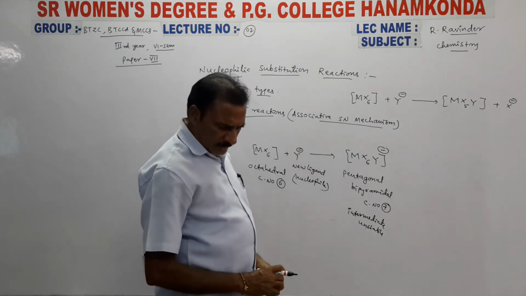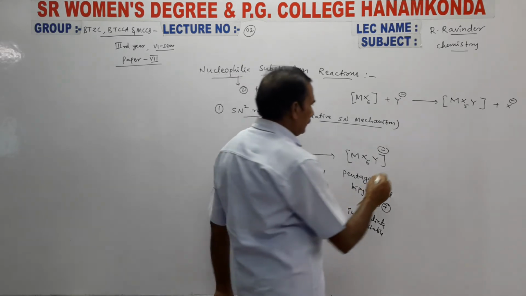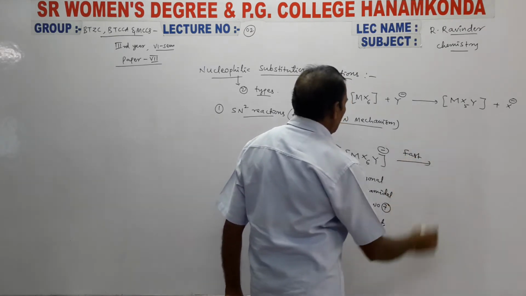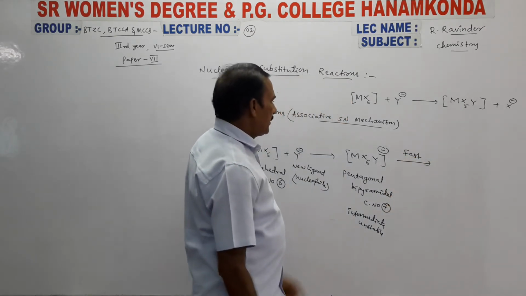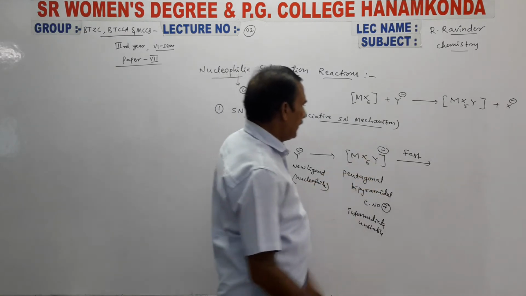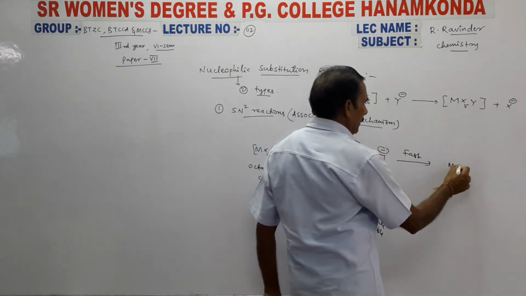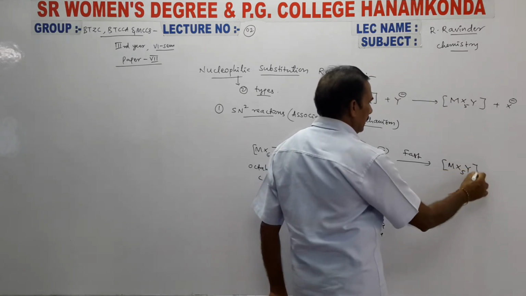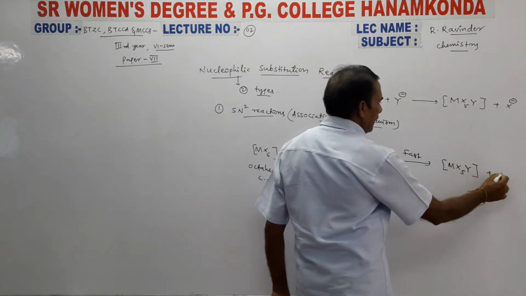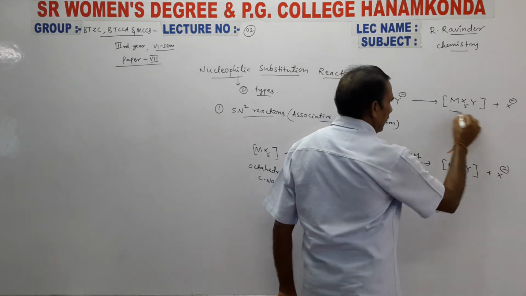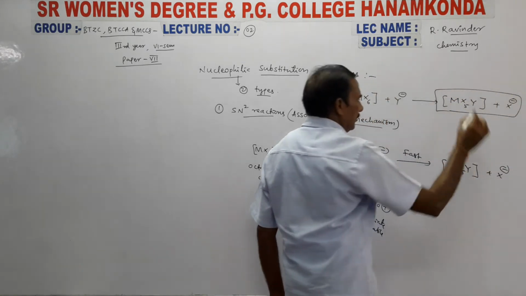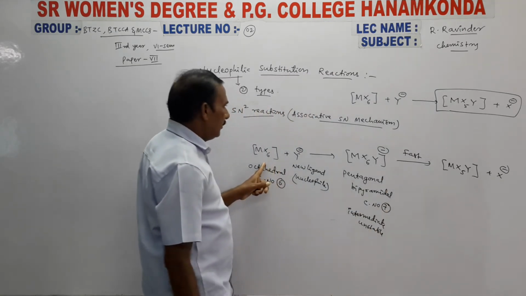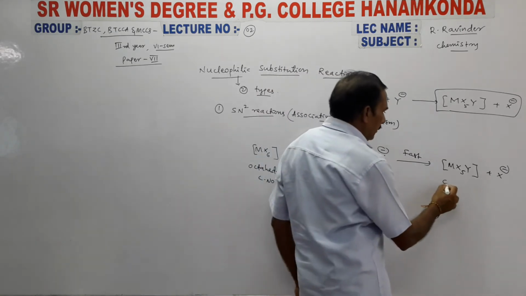Now, in the fast step, instead of Y, X is eliminated, meaning from MX5Y only X is eliminated as X minus. The final product is like this. Here it is also octahedral.